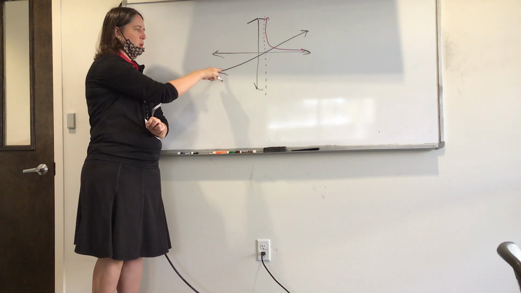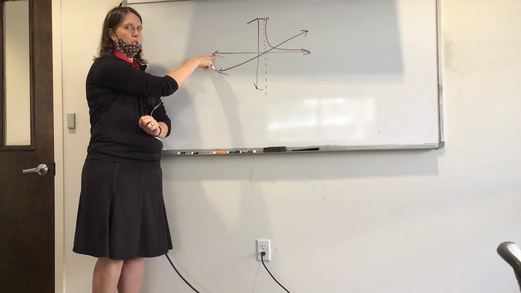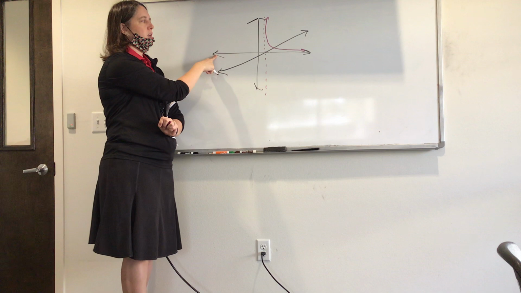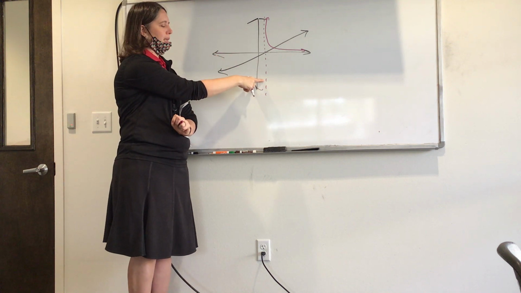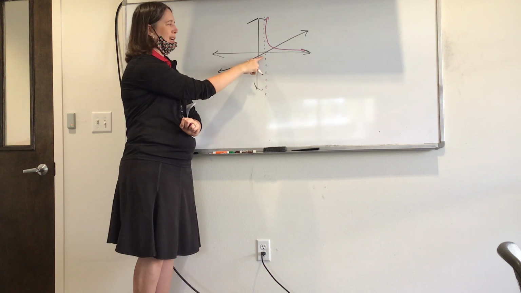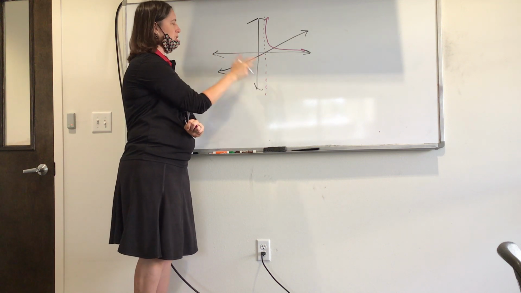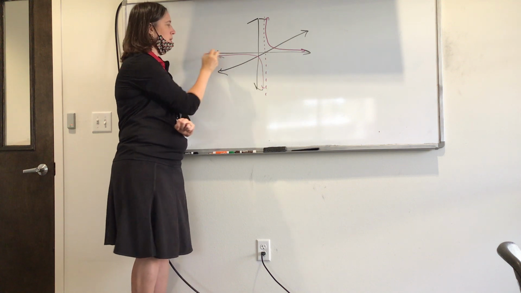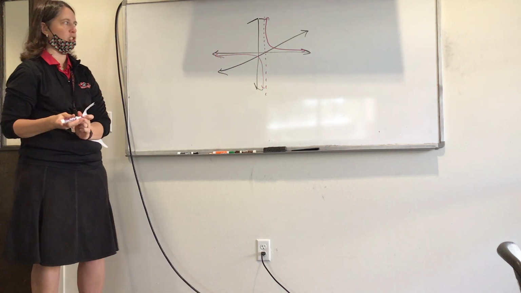Okay, so it's going further away here, which means I need to be closer to it up here. Then what's going to happen as I get close to the asymptote? It's going to go down. Because I was getting closer to the x-axis, the reciprocal is going to go in the opposite direction. So I'm going to head down, away from the x-axis on the picture.